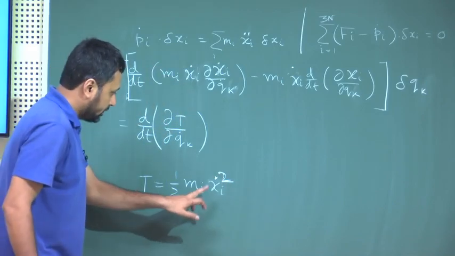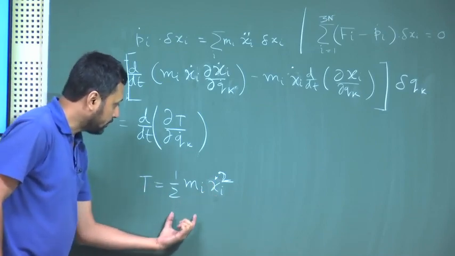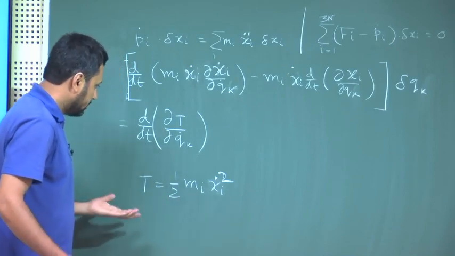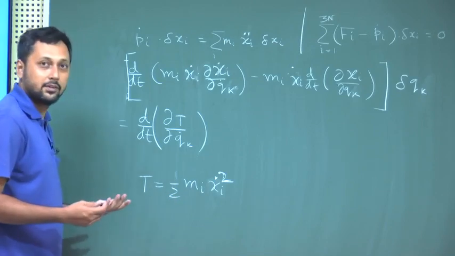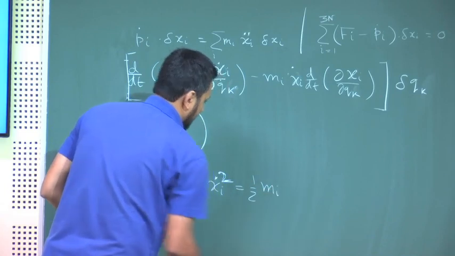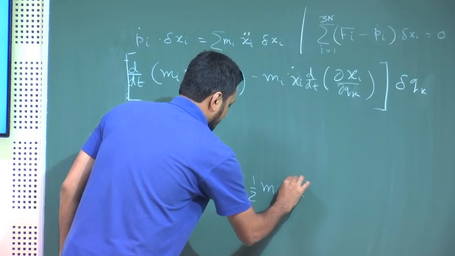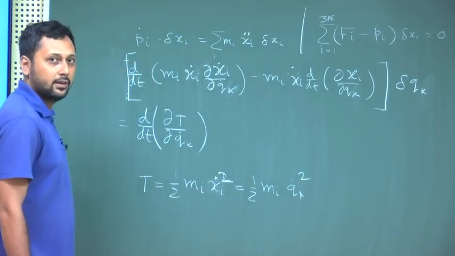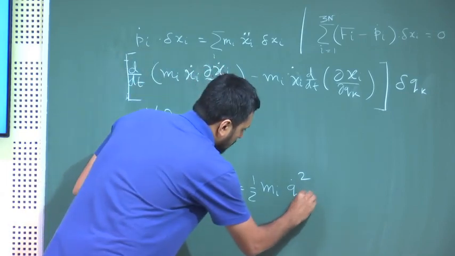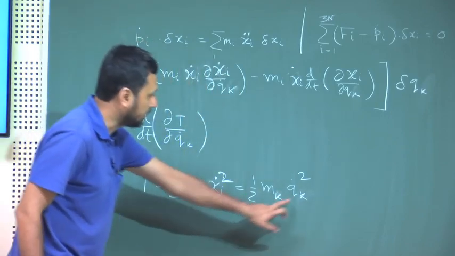These are not generalized coordinates, but it is a sum over all the Cartesian coordinates of the system, and if we want to express it in terms of generalized coordinates, T will be simply half mk qk dot square, right.